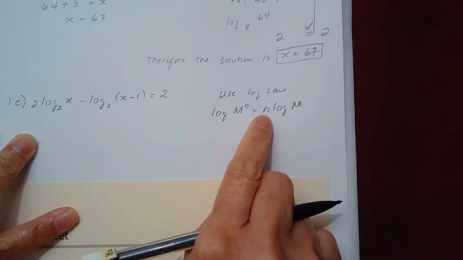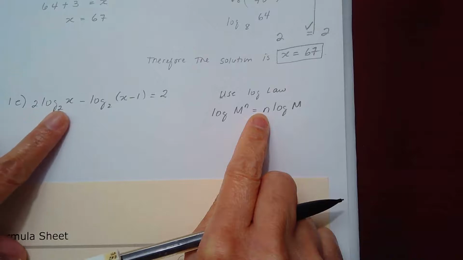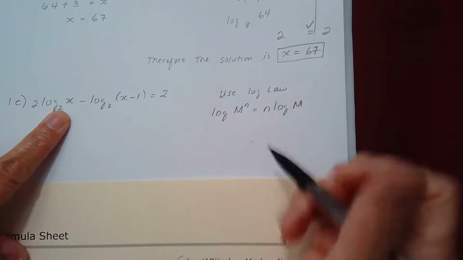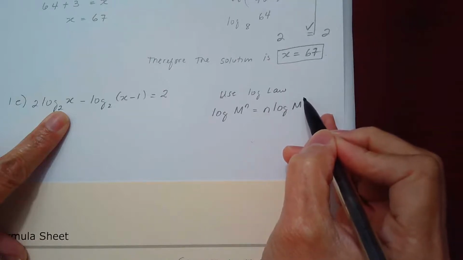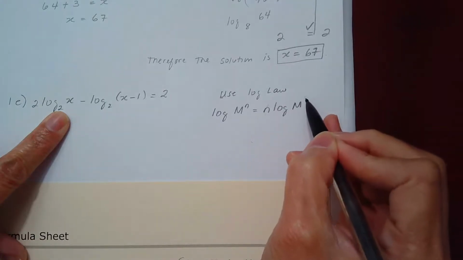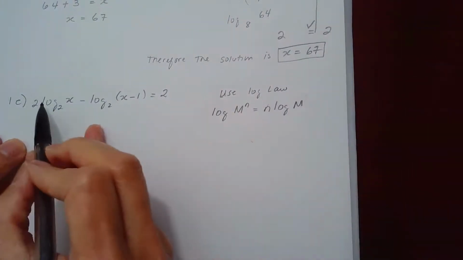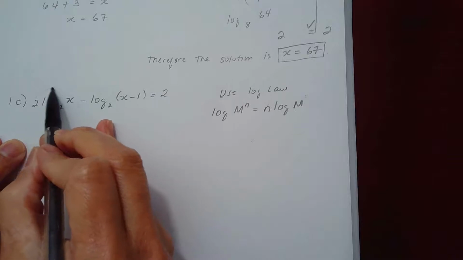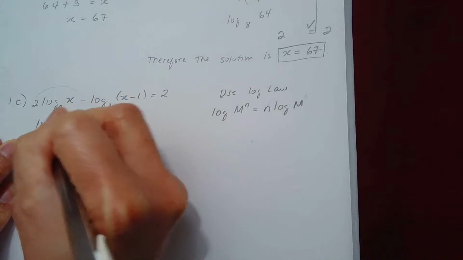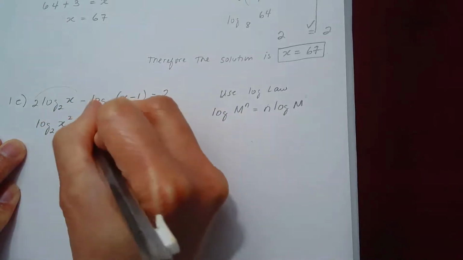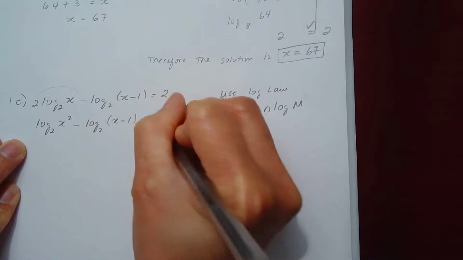Can you see here the n? The n would be the 2 in front of log of x. So this exponent n, we're going to be putting it right there, applying it to the m. So this becomes log of x squared base 2 minus log of x minus 1 base 2 equals 2.